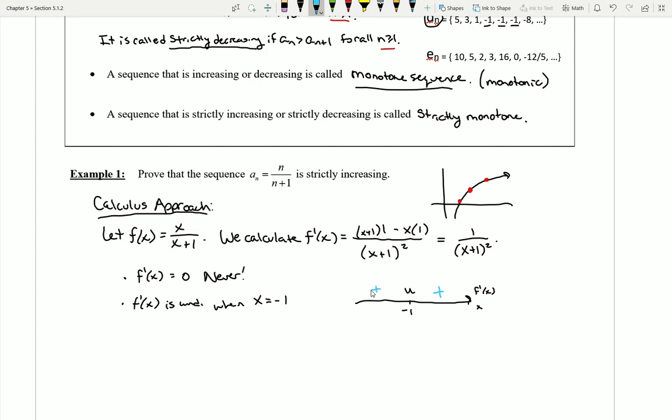But I actually get the exact same thing if I plug in something like a negative 5, because this square is making everything ultimately positive. So I can see that my function f of x is increasing from negative infinity to negative 1, and then from negative 1 to positive infinity. It's not increasing at negative 1, since it's undefined there.